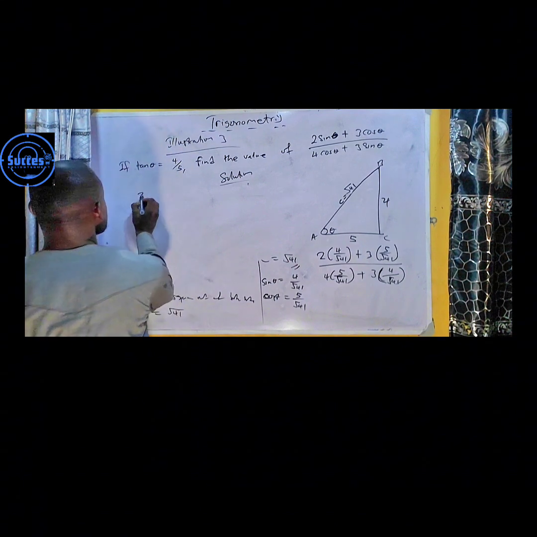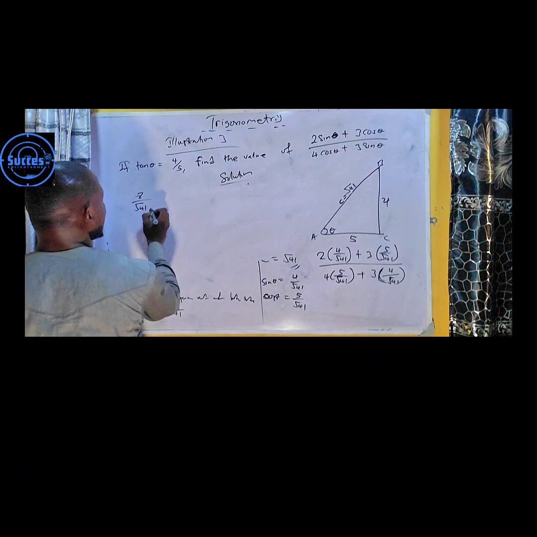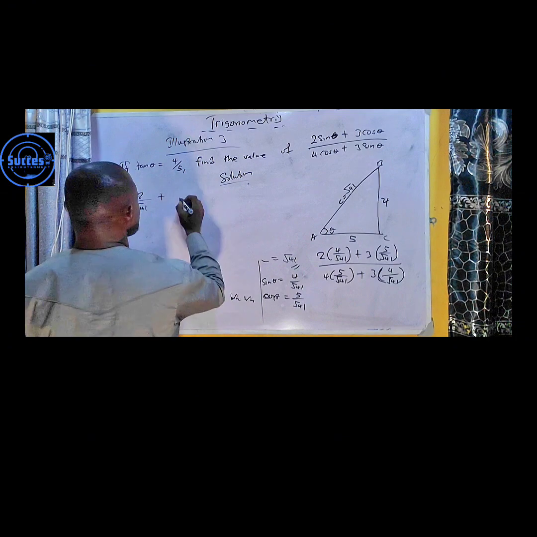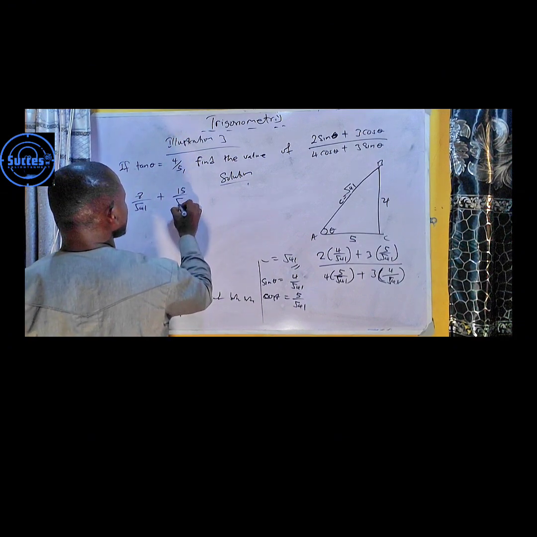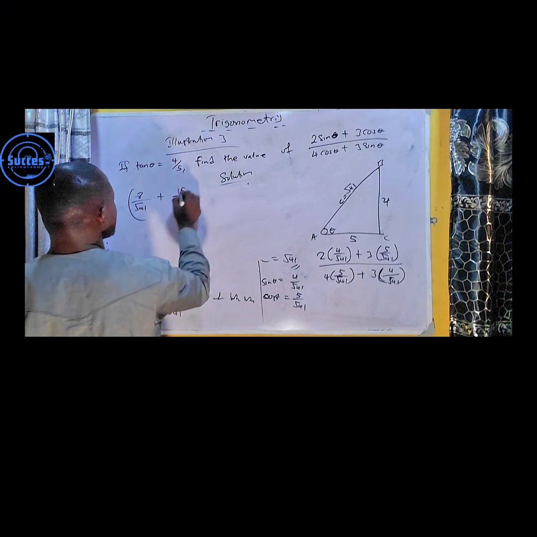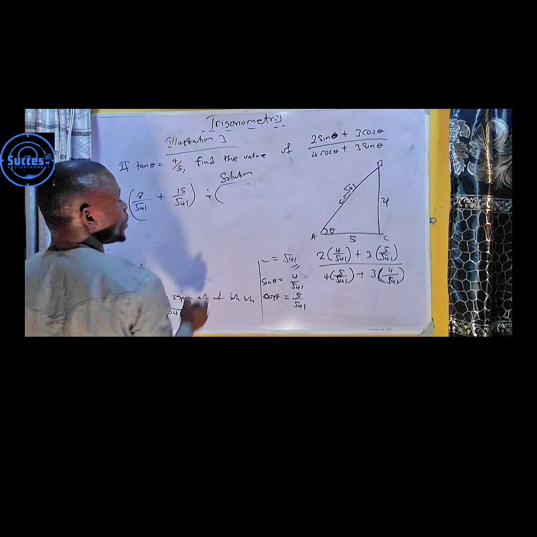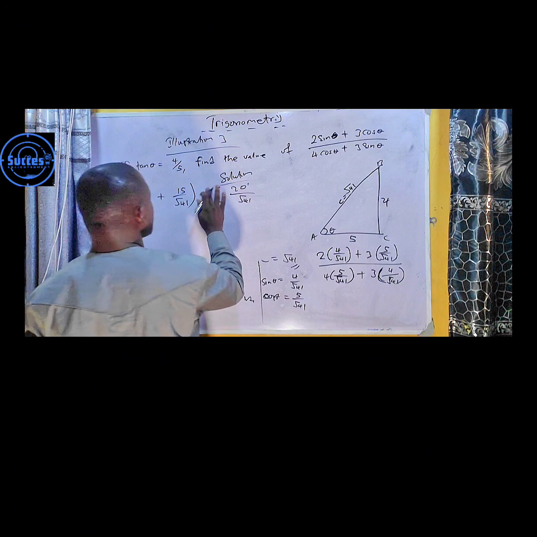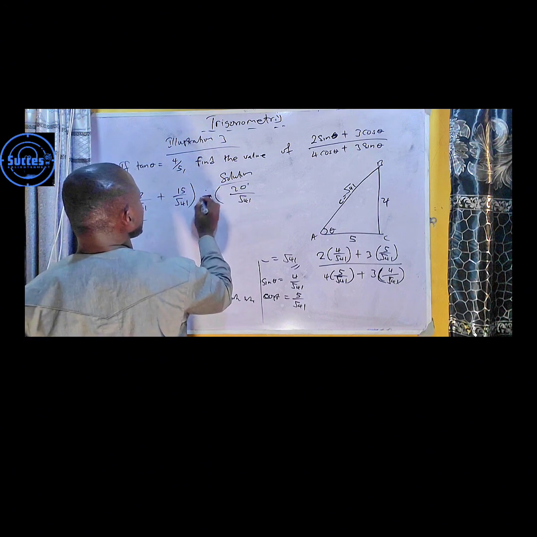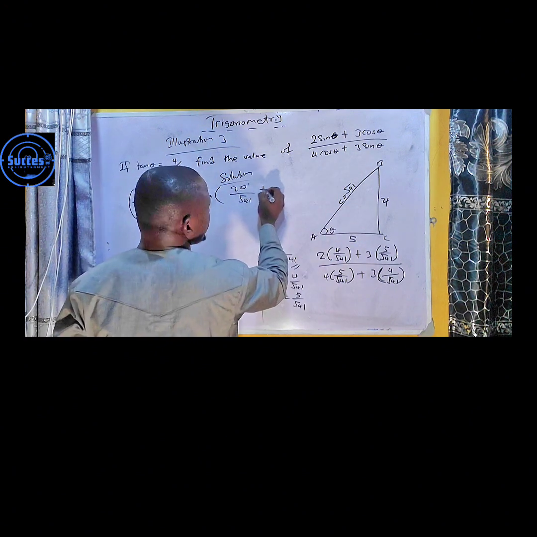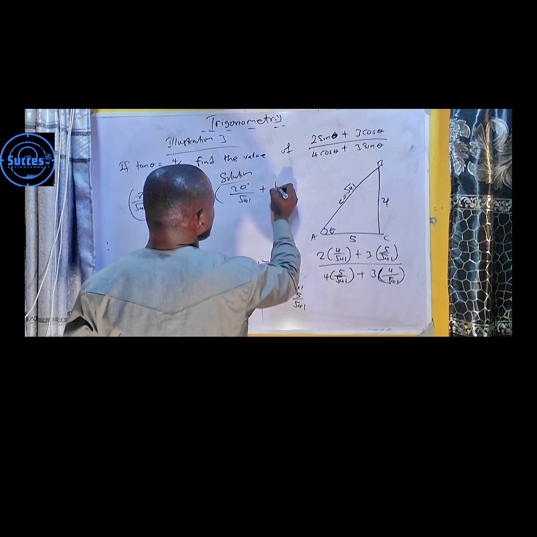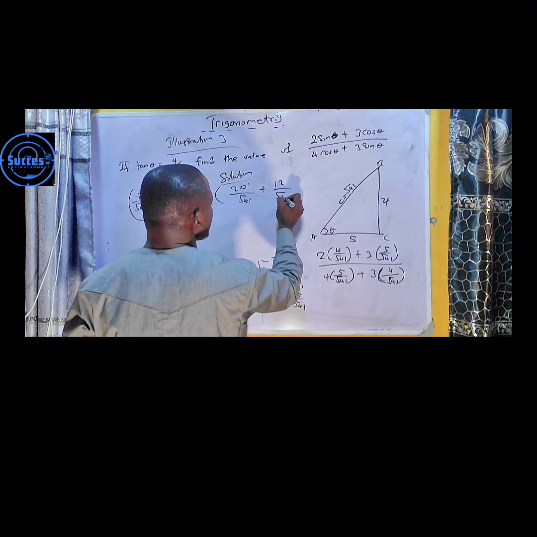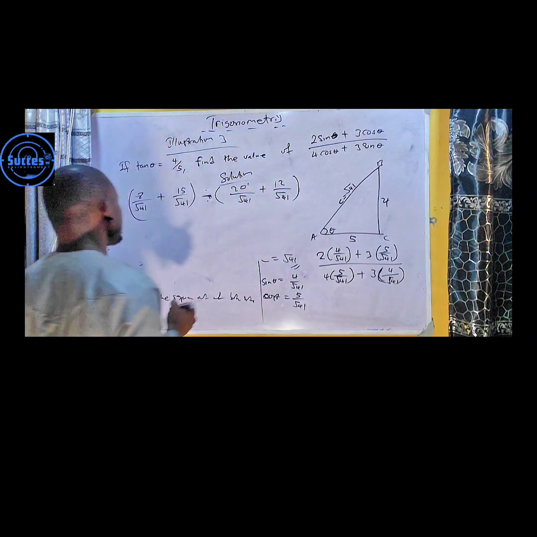From here, 2 times 4 is 8, so this is 8 over square root of 41, plus 3 times 5, which is 15, all over square root of 41. Everything is divided by 4 times 5, which is 20, all over square root of 41. Don't forget, this is a division sign. Plus 3 times 4, 12, all over square root of 41.